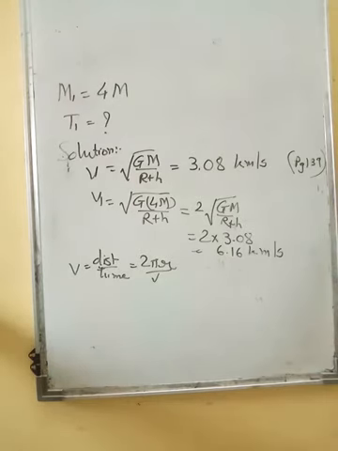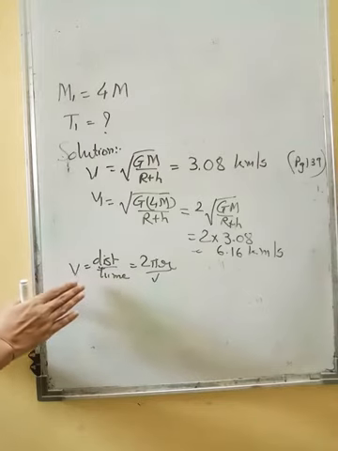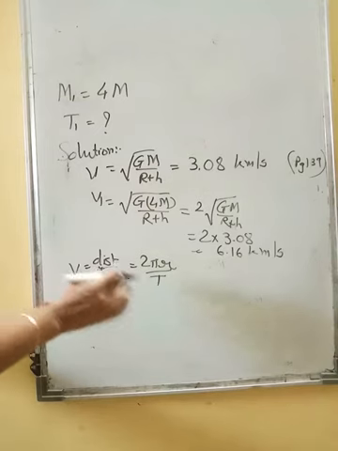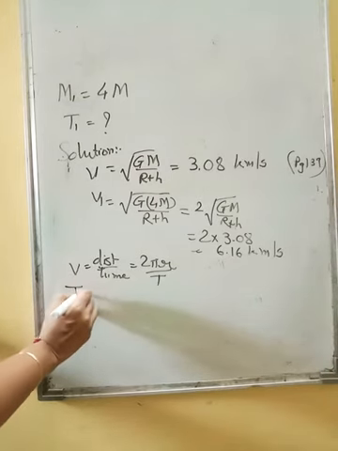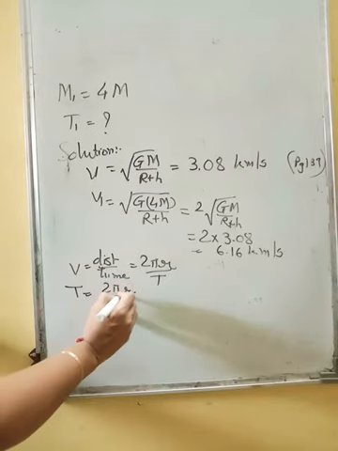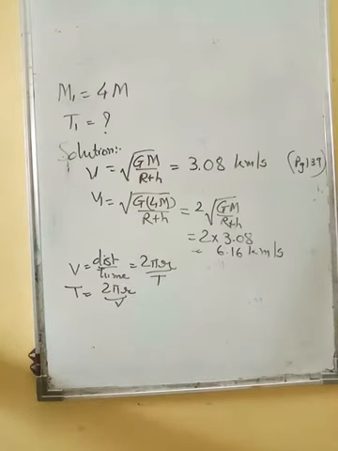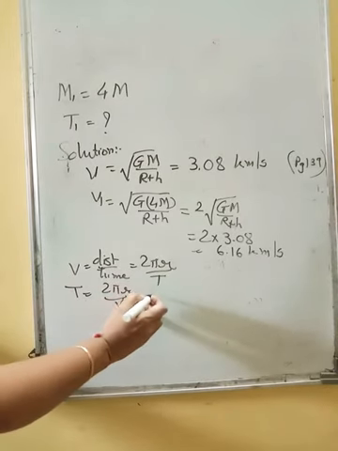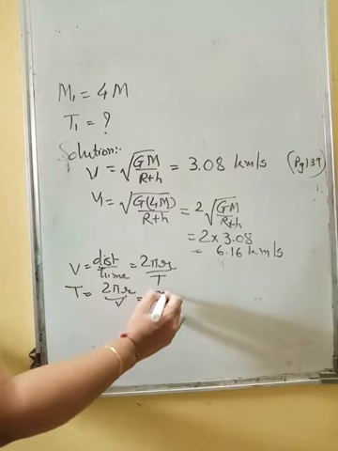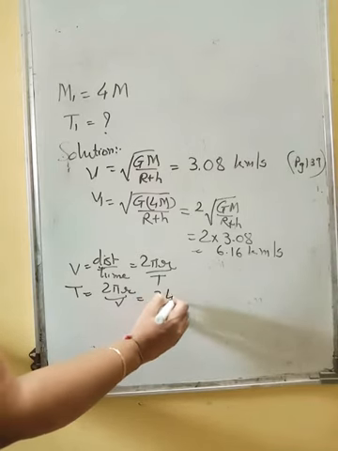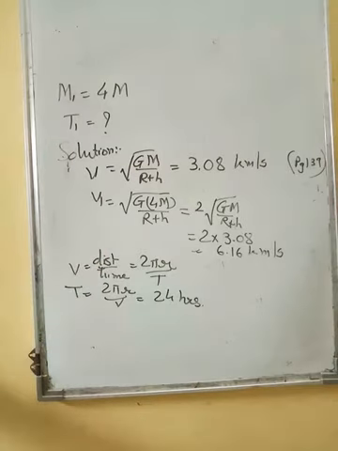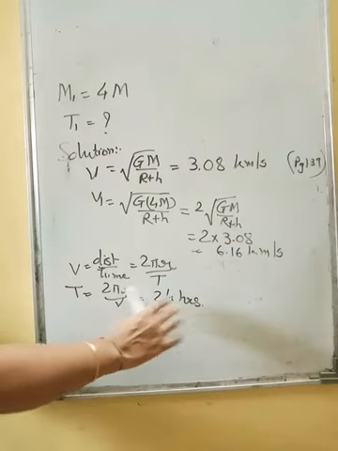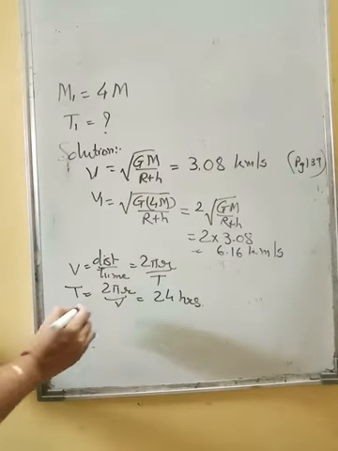Now here, t is distance upon v, so T is nothing but 2 pi r upon v, isn't it? So this is for the earth, and the answer is approximately 24 hours. Okay, this is about the earth, you know it, that in a high earth orbit we get 24 hours, which is the same as the earth's period of rotation.